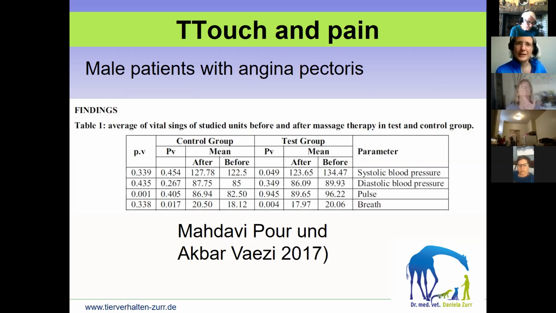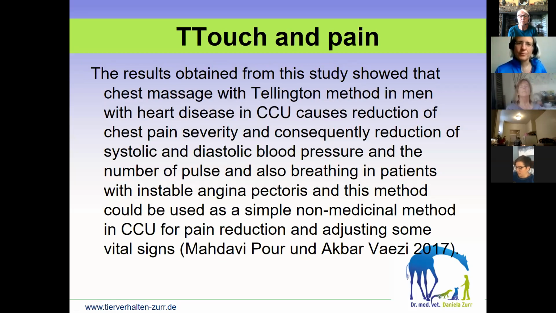And the pain, sorry, I had the pain numbers here. So they had a pain scale, the official one, from 1 to 10, and the group without TTouch had pain, if you put them all together, of 6, and with the TTouch group it was just half, 3. So this is pretty impressive.